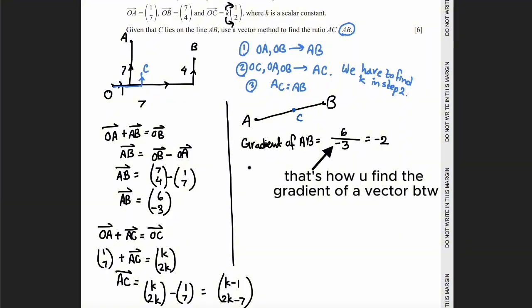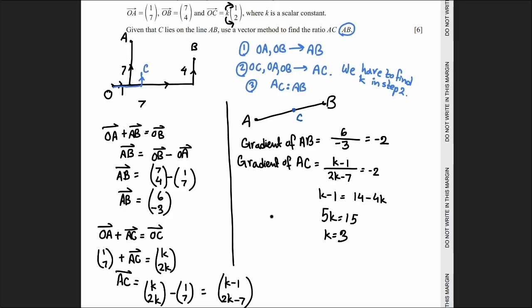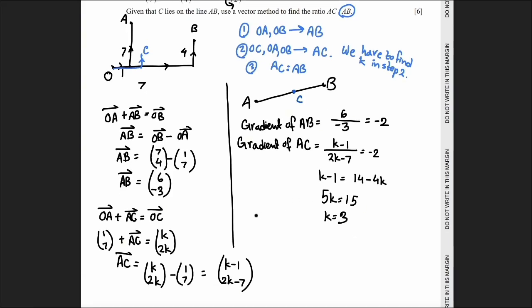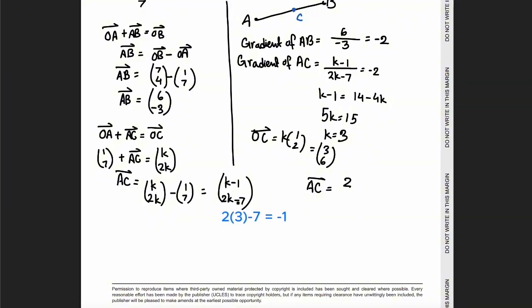There we go, we got the value. k is equal to 3. So OC is equal to k times 1, 2, or it is 3, 6.